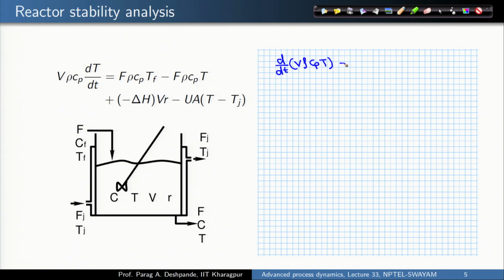This would be equal to the inlet energy minus the outlet energy, so the energy change due to flow.